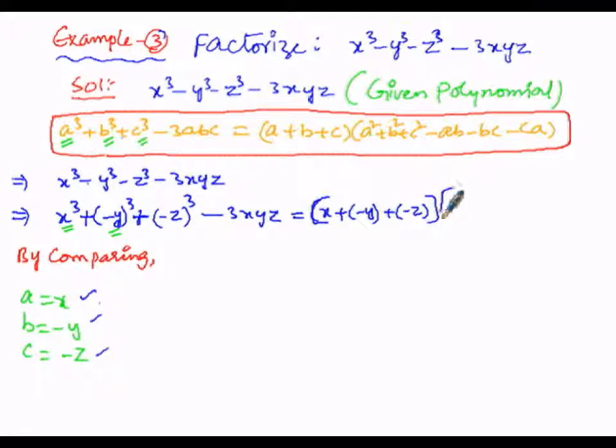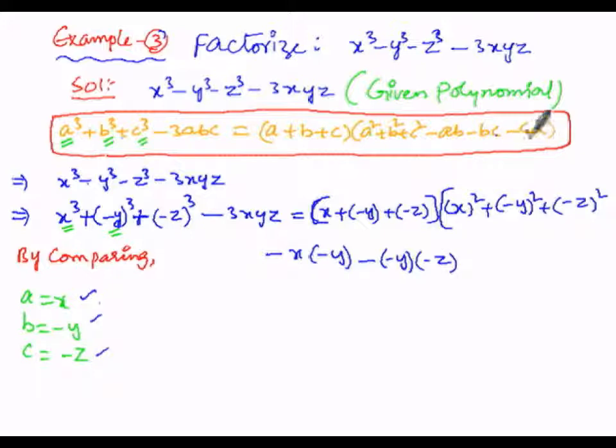Then here opens, then a square: a value is x whole square plus b is minus y whole square plus c is minus z whole square minus ab, so minus a is x into b is minus y, minus bc, minus b is minus y into c is minus z, minus ca, minus c is minus z into a is x, then square bracket close. Then that implies x plus of minus is minus y written as it is, plus of minus is minus z written as it is.